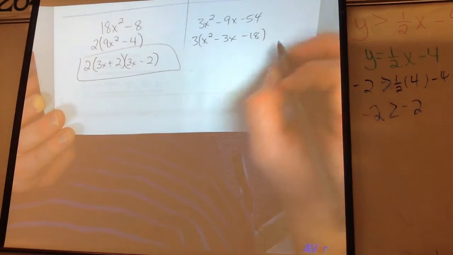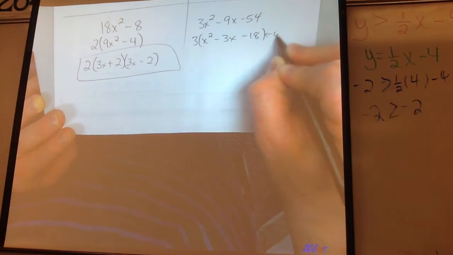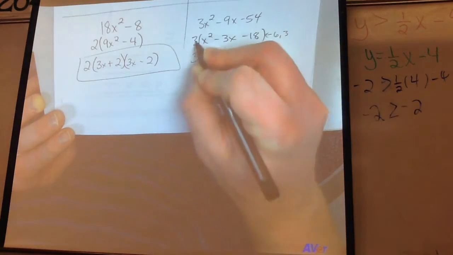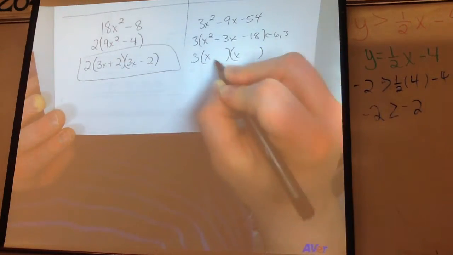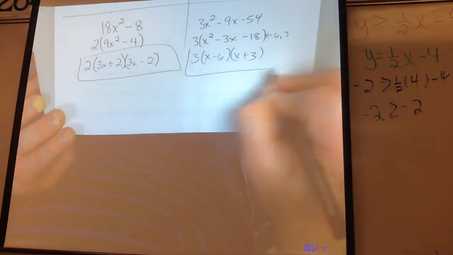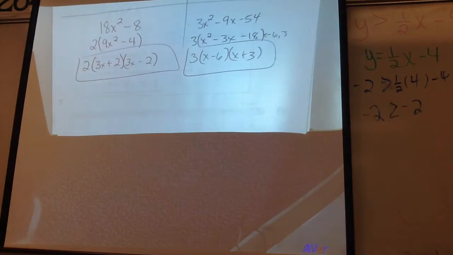Multiplies to negative 18, adds to negative 3: that's 6 and 3. So it's 3 in front, x and x, minus 6, plus 3. Gets a lot easier if you pull out what they have in common first. It won't happen on all of them, but there are a lot where it does.